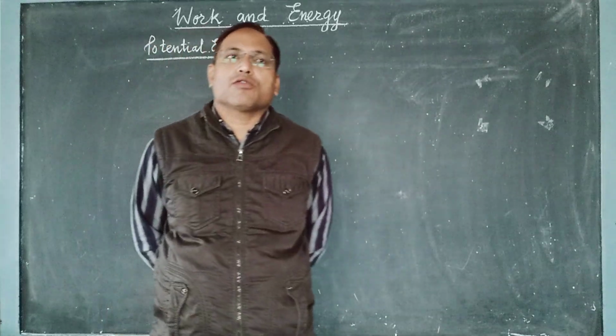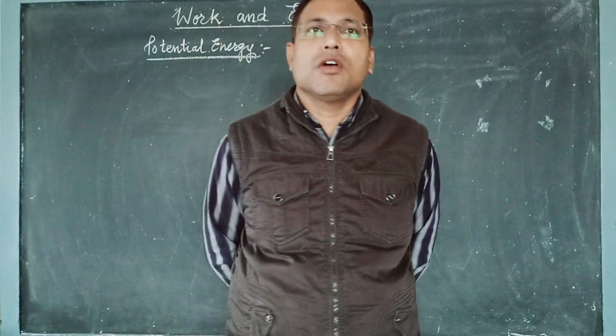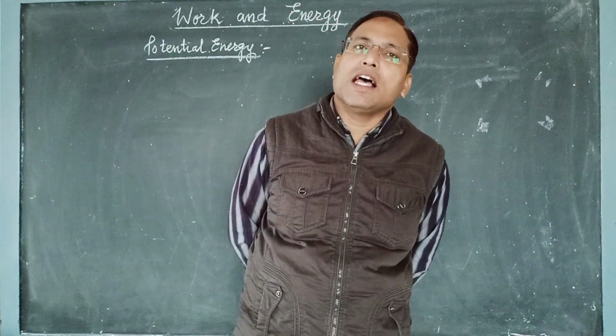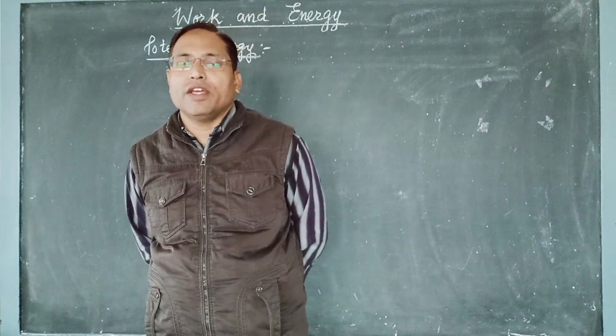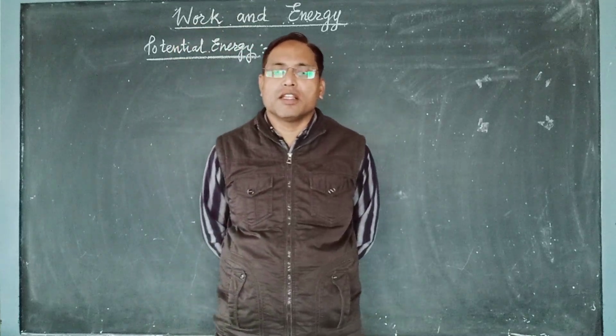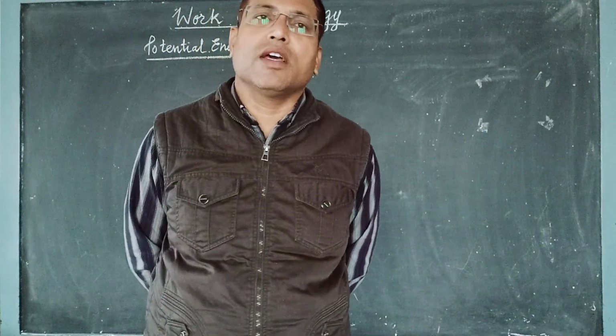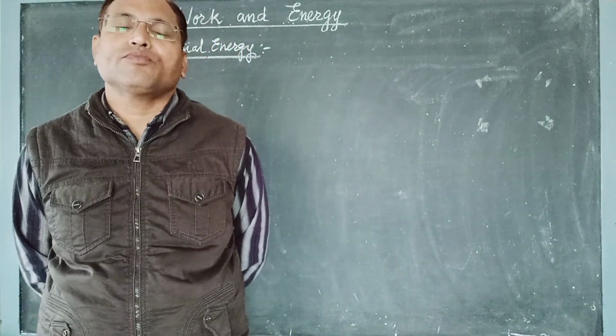Potential energy will have the same SI unit and CGS unit as we have for energy, because kinetic energy and potential energy are all types of energy. So the SI unit, CGS unit and other units will remain the same.